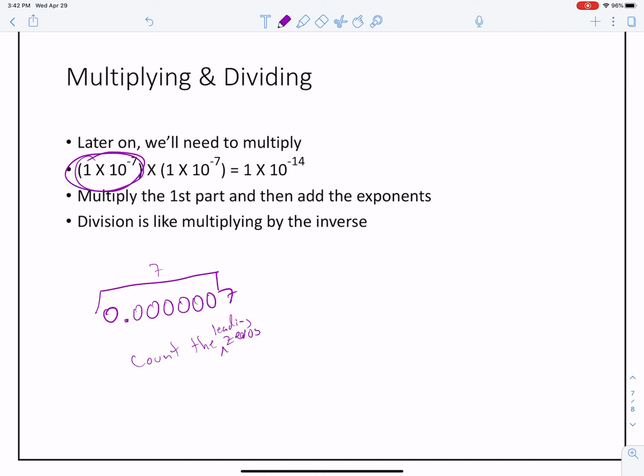So with those 7 leading zeros, now what we do is we say, okay, we've got to move that decimal place, but that decimal place moves smaller, doesn't it? So instead of 10 to the positive 7th, we're going to have 10 to the negative 7th because we're getting smaller, okay, smaller than 1.